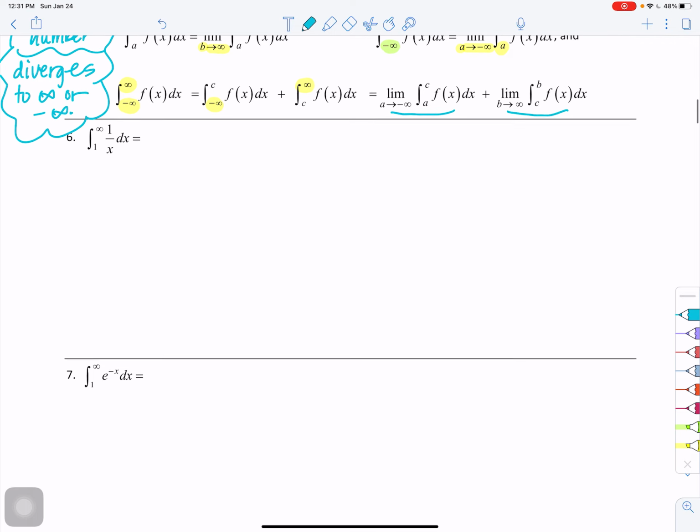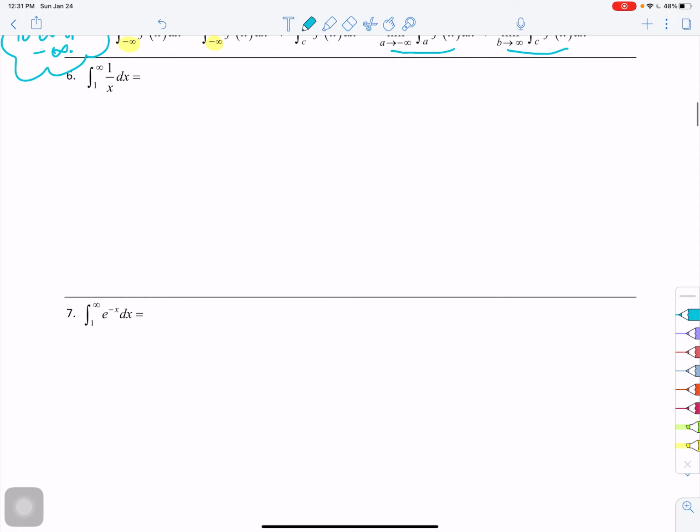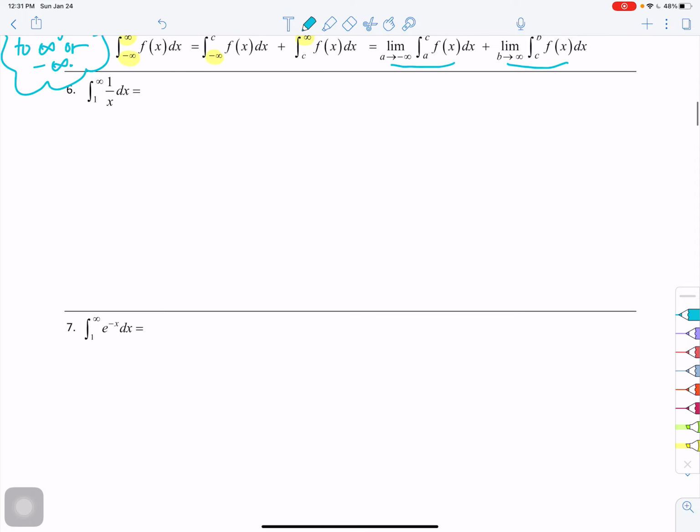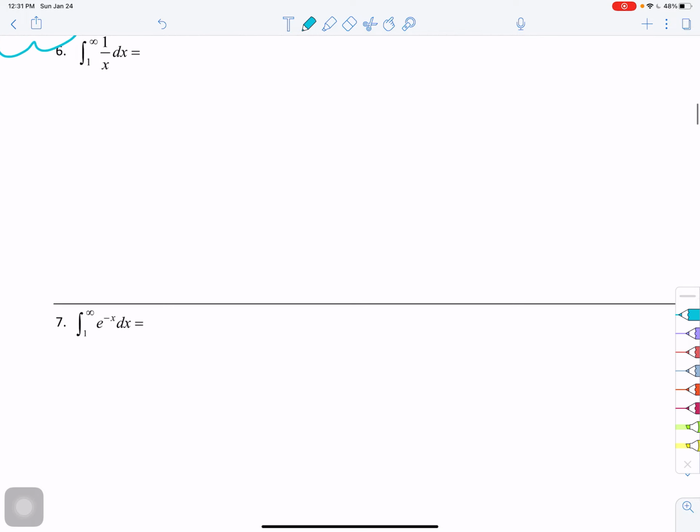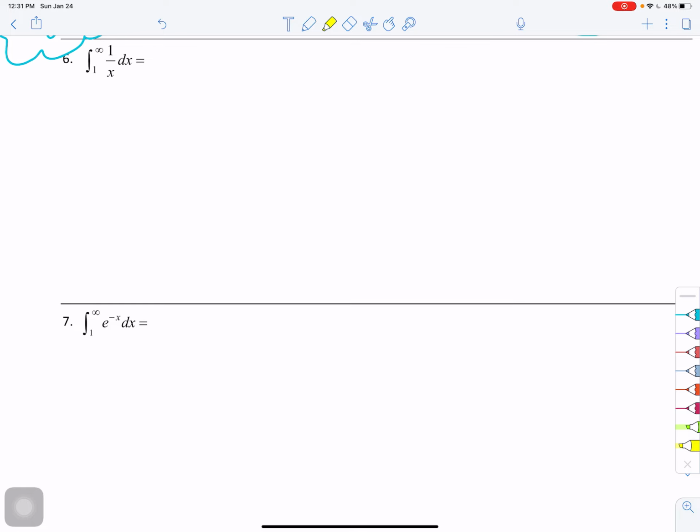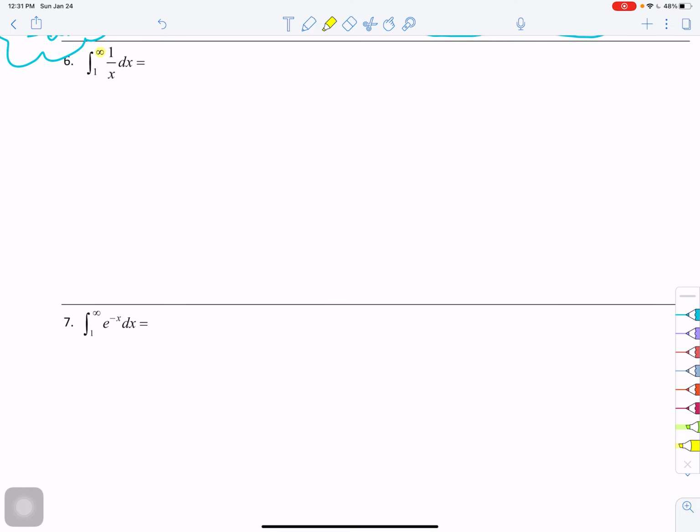Let's give number 6 a try. The integral from 1 to infinity of 1 over x dx. So we notice we have an improper integral since the upper limit is infinity and it's not a constant. Let's introduce the limit, and that's the upper limit, so we'll use b. b approaches infinity, and some of your authors actually use t for all of them.